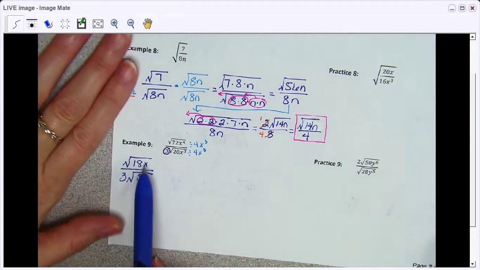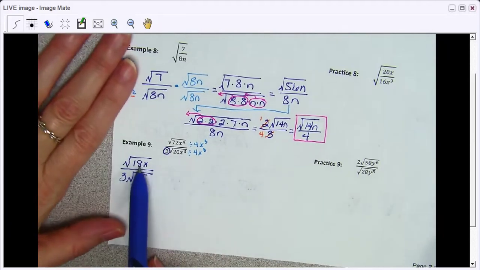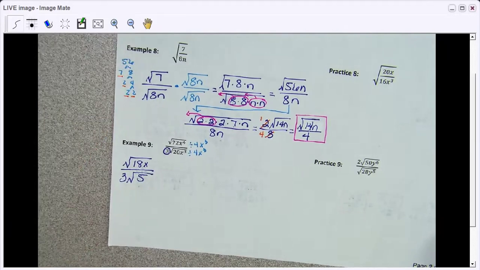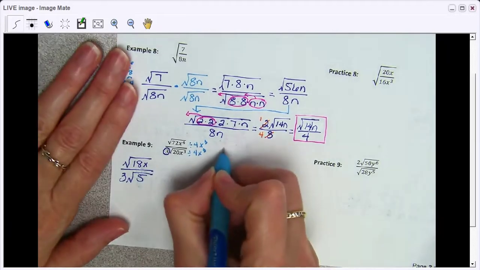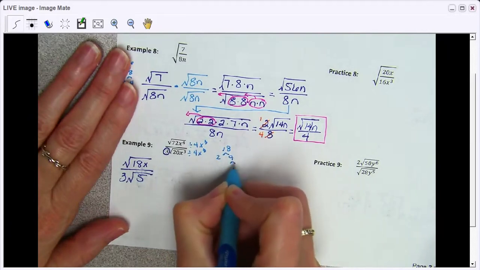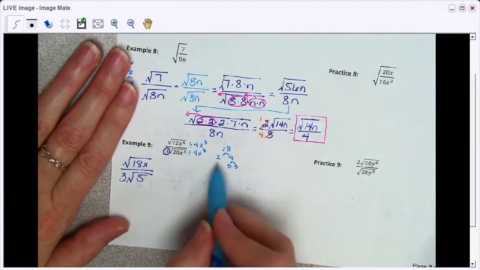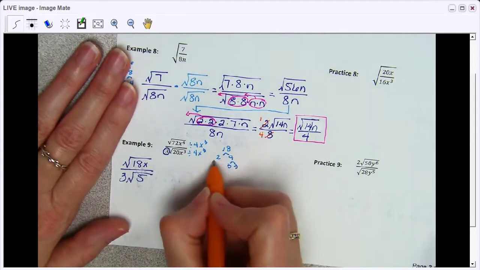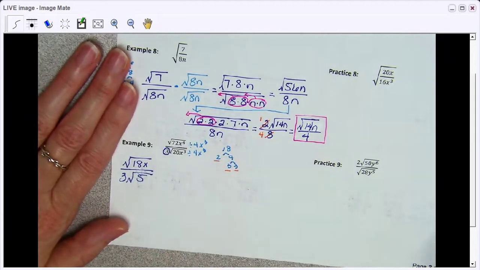But 18 can be factored out. Okay. So I am going to factor out 18. So up here, we have 2 and 9 and 3 and 3. Okay. So I'm going to put these here underneath my radical.